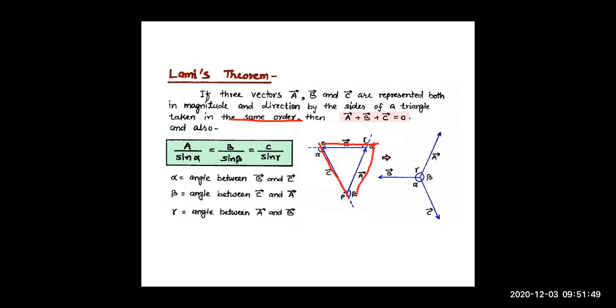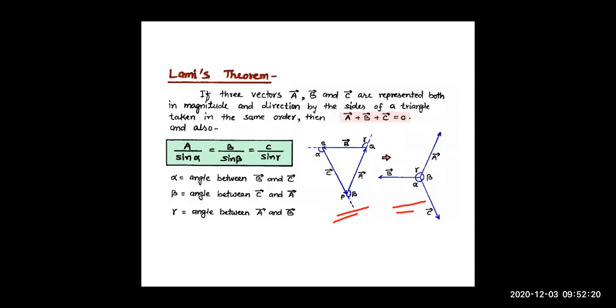So if three vectors can be represented in magnitude and direction by the sides of a triangle taken in the same order, then vector A plus vector B plus vector C equals 0. One more thing can be stated using Lami's theorem: this diagram can be represented in this form also.